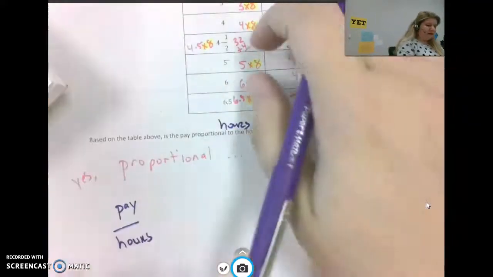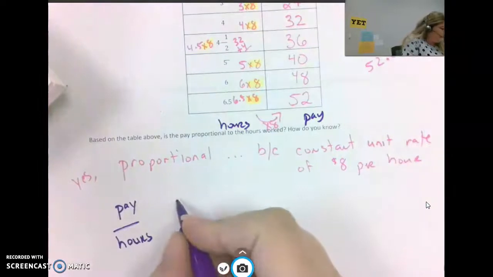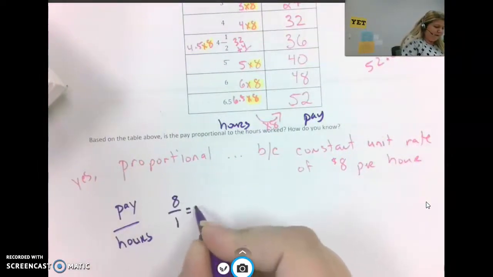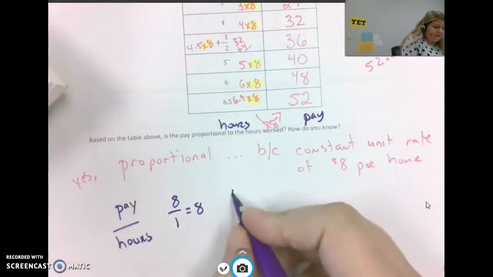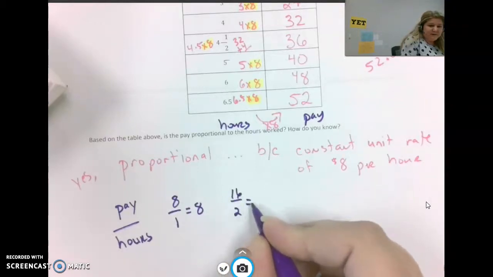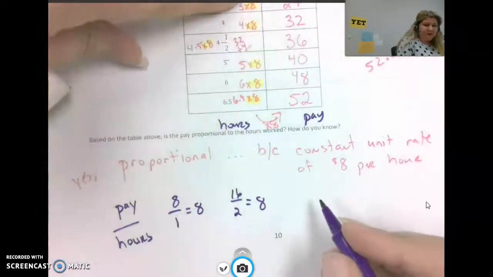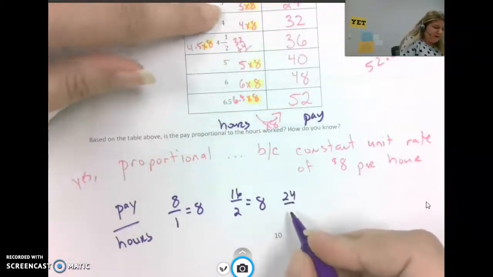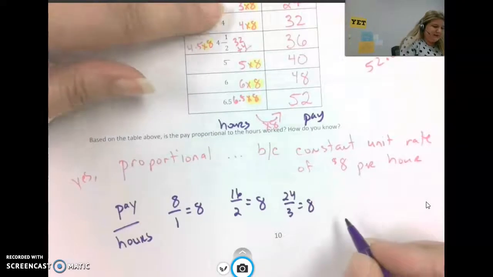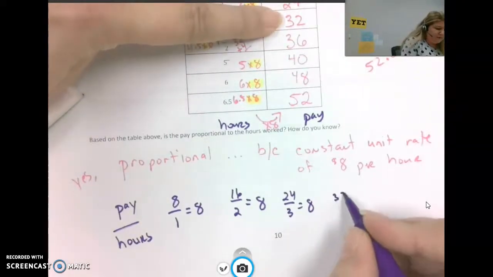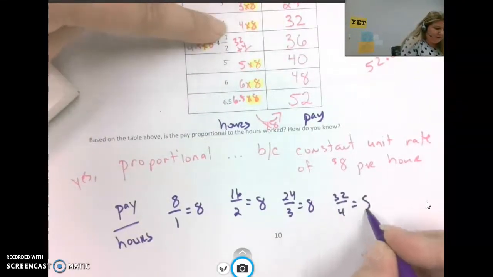So, I would start with the first one, and I would do $8 divided by 1 hour, which would be 8. Then I would do 16 divided by 2, which is 8. Then I would do 24 divided by 3, which is 8. I'm going to do every row. 32 divided by 4, which is 8.